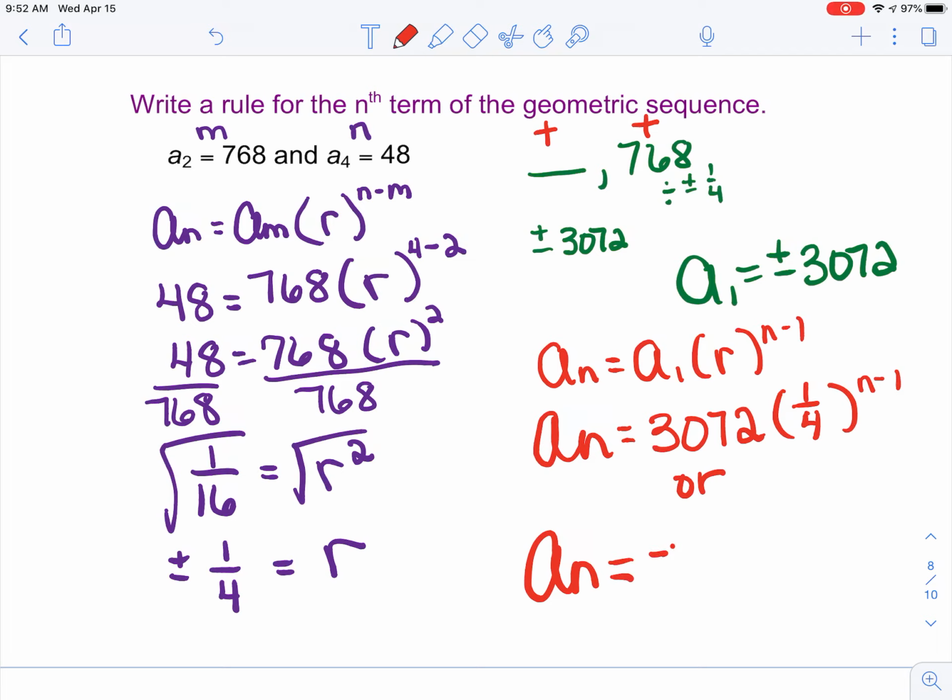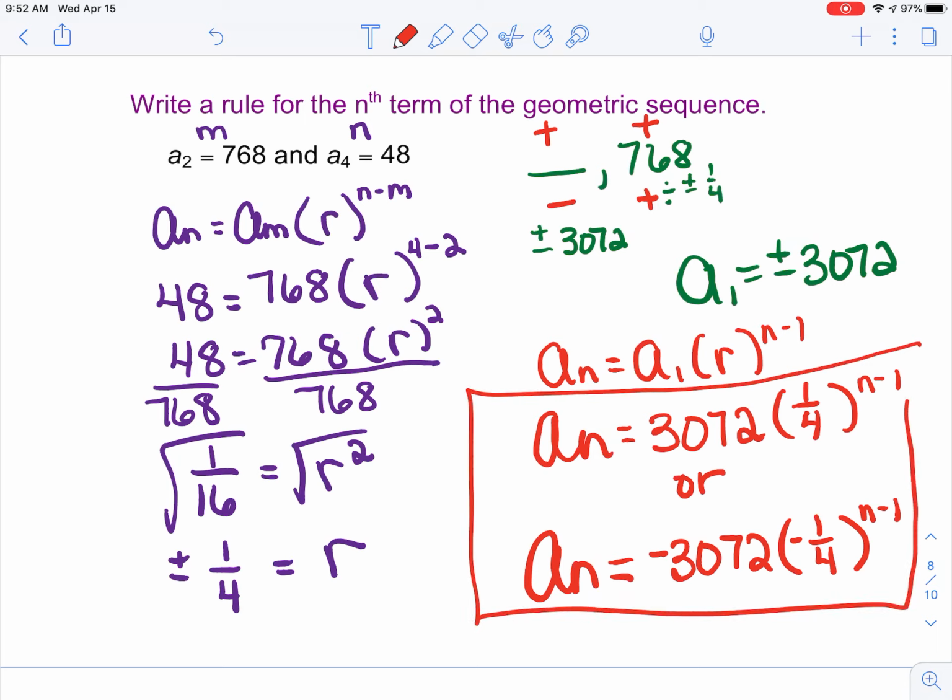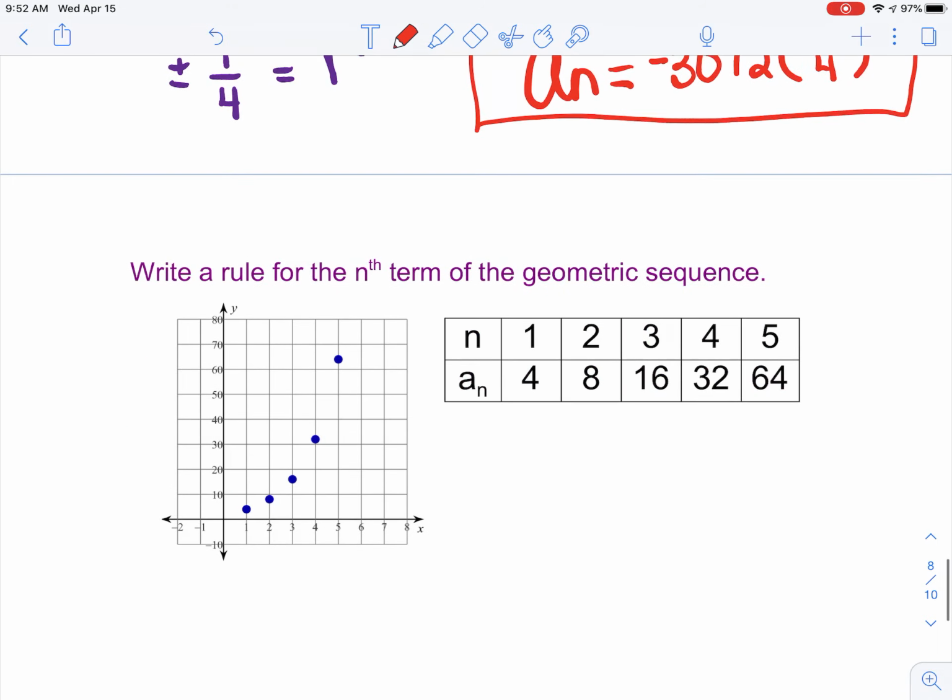Or a sub n equals, remember we said that this could also be negative 3,072. If I go from a negative number to a positive number, I'd have to be multiplying by a negative 1/4. So these two equations are both the rules for this example.